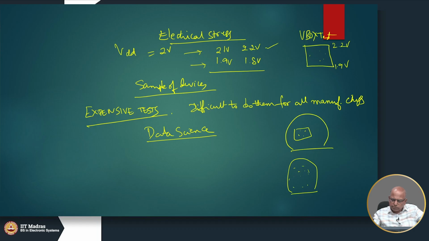So, there is a lot of variation and a lot of measurements may have to be taken, and a great amount of data science is involved in deciding whether a chip has an infant mortality problem or not, what is the life cycle, or the lifetime, of a particular chip. It is highly data science intensive.